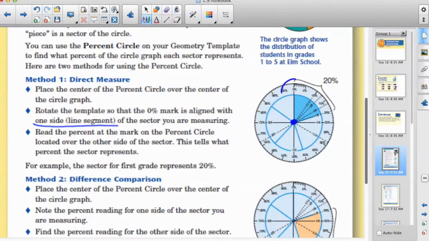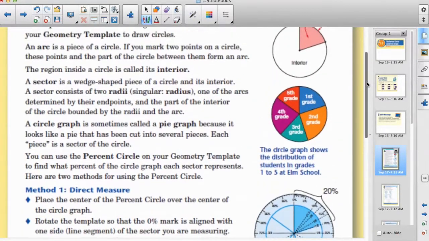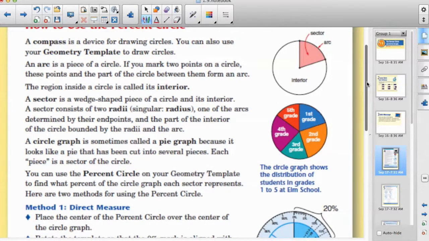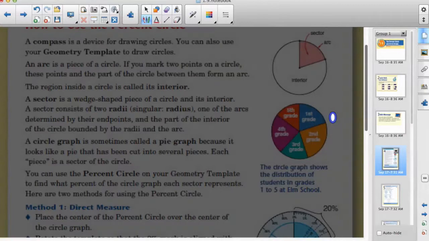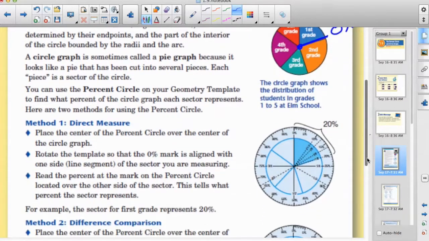So for instance, if we wanted to measure 2nd grade, we would put the center of our percent circle on top, and then we would make sure that 0% is right here on one side of our sector. From there, we would simply go right, however far, until we ran into this 2nd radius. And that would give us a reading of what percent that sector filled of our entire circle.